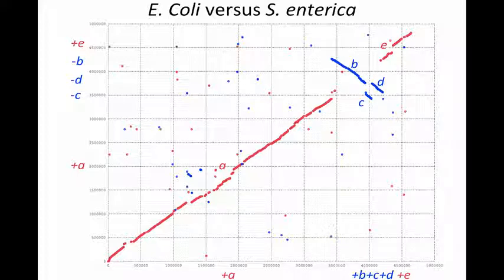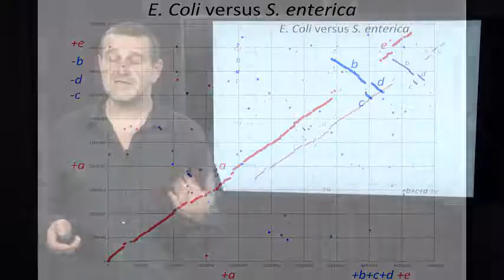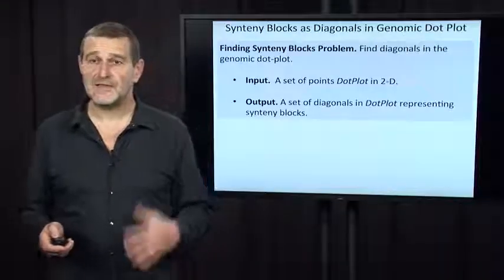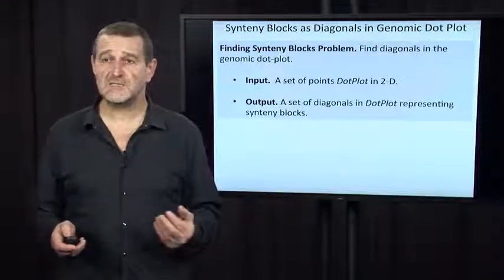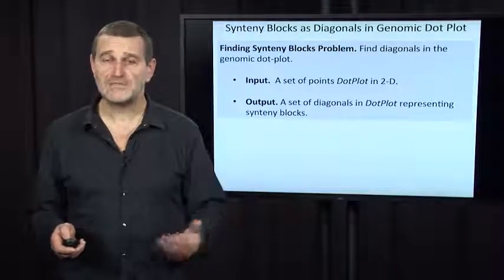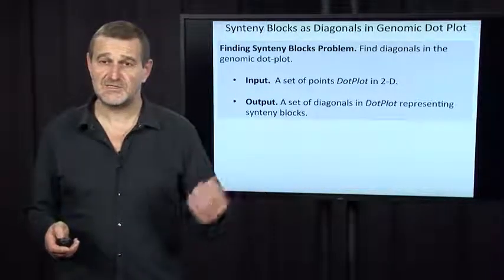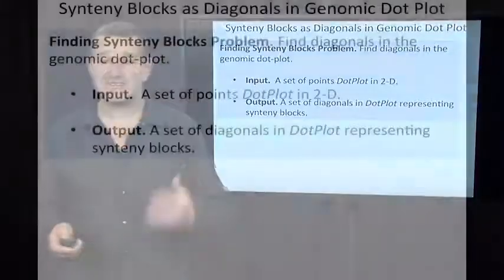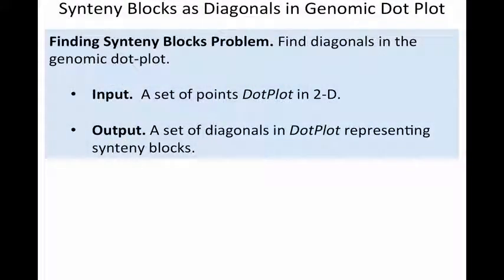Therefore, construction of Synteny blocks essentially amount to constructing diagonals in the genomic dot plot. And here's finding Synteny blocks problem. Input is a set of points in genomic dot plots in 2D, and the output is a set of diagonals in dot plot representing Synteny blocks.